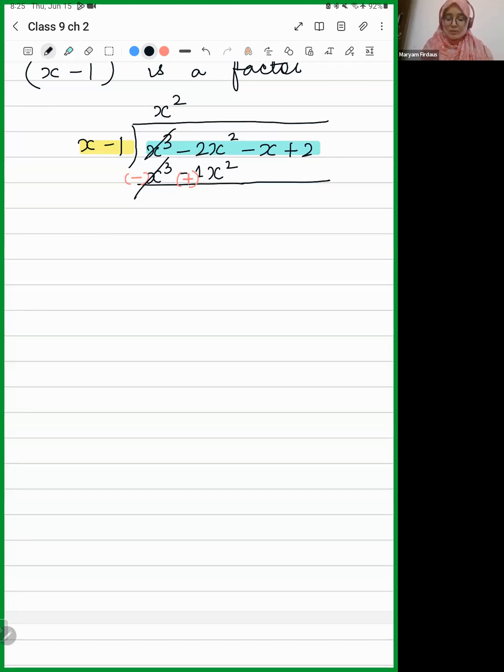Minus 2 plus 1 is minus 1. So minus x square. Then now you bring x down. Is it x or minus x? Minus x. Okay, and let's bring down this also. Okay, next.